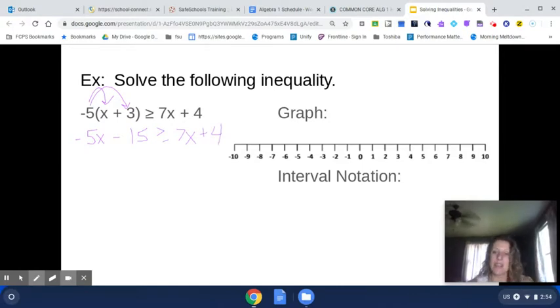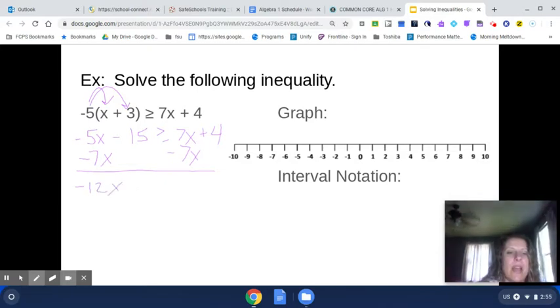I need to gather all of those x's on one side and all of the plain numbers on the opposite side. So I'm going to move that positive 7x over to the left. So to get rid of it, I need to subtract 7x from both sides. Here I would get -12x.